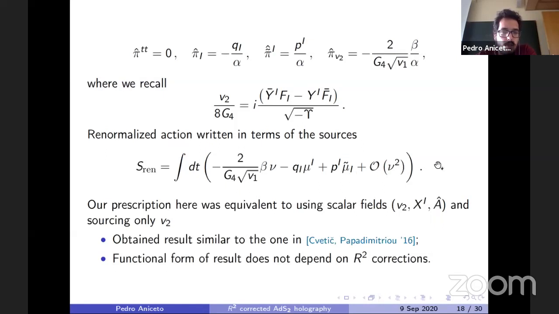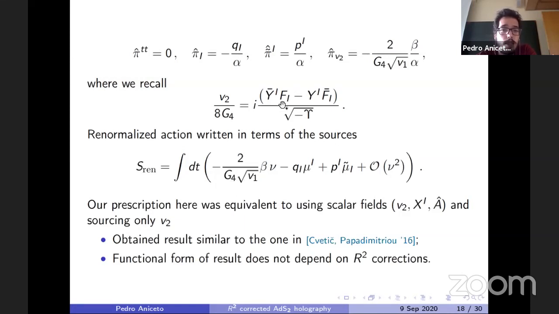This is similar to the result obtained in the Papadimitriou paper. Of course, they were considering a different theory, so it's not the same theory. And you should also notice that the functional form of the result does not actually depend on R-square corrections, in the sense that this functional form would be exactly the same if we had not considered the R-square corrections, because the term appearing here would be exactly this one.